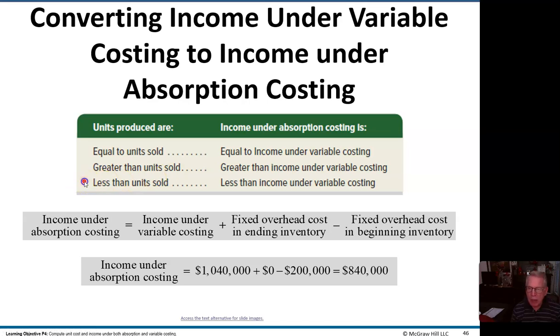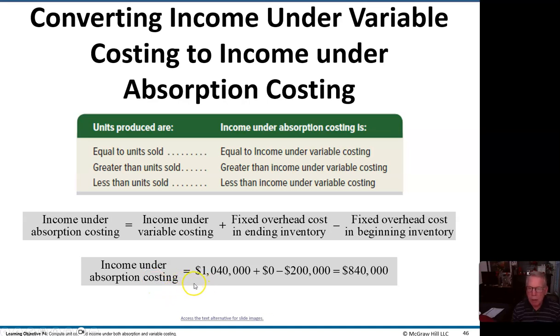If we produce less than the units we sell, we'll have less income under absorption costing. And that's because the income under absorption costing is the income under variable costing plus the fixed overhead cost in ending inventory minus the fixed overhead cost in beginning inventory.